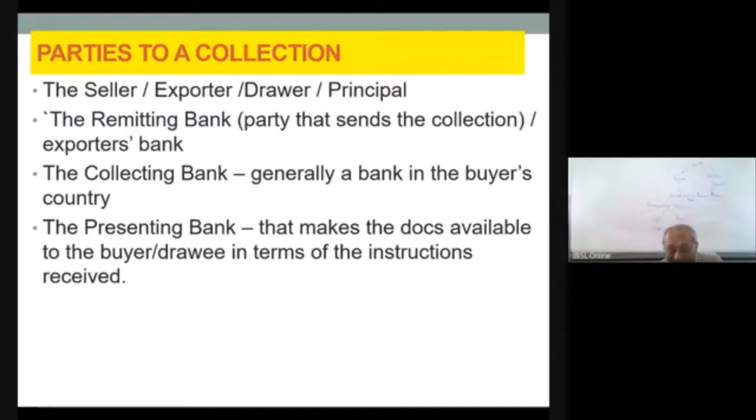That is why we call him principal. The drawer of the bill of exchange means he is the one who draws and creates the bill of exchange. That's a financial document.